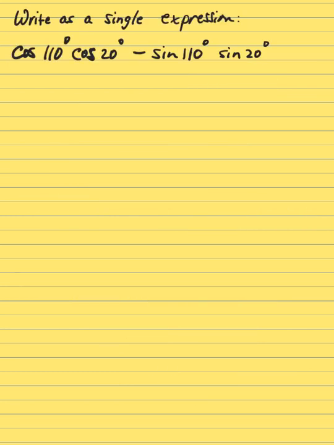In this example, we're going to write this expansion as a single expression. Staying with your sum and difference formulas, concentrate on the expanded side and find one that has an expansion of cosine cosine minus sine sine.